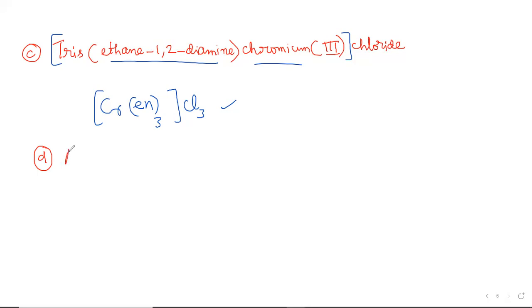The name starts with amine, bromido, chlorido, nitrito N, nitrito capital N, platinate.